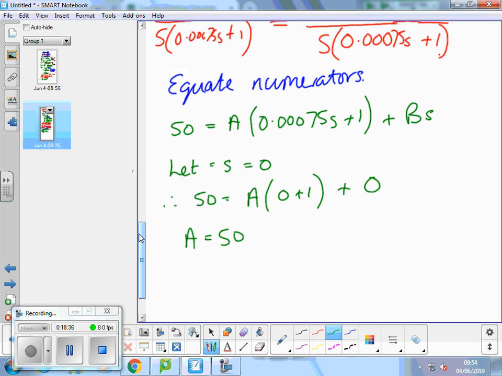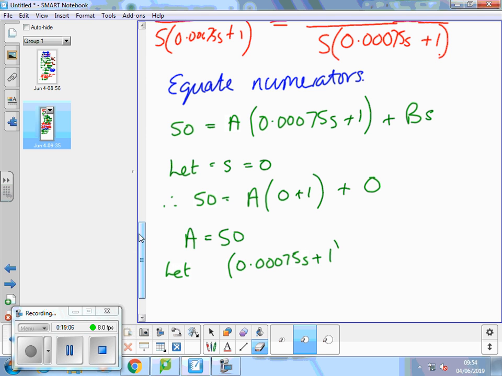Then we've got to do something to make this side equal to 0. We let that equal 0, because if that equals 0, then the whole term will equal 0, won't it?